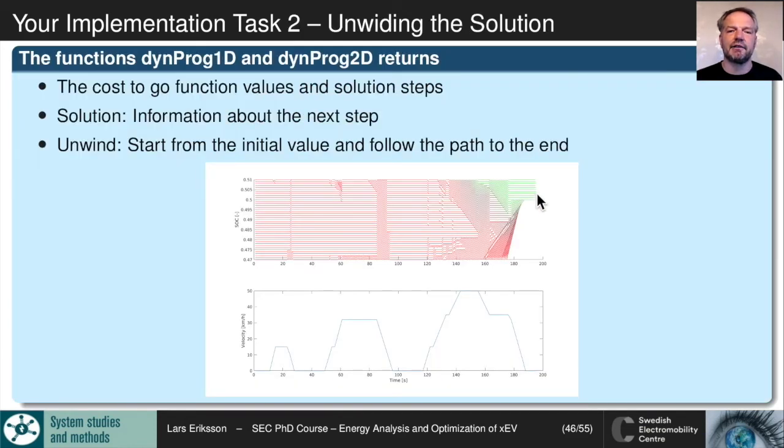Now when we have completed the calculations with the method of storing the cost to go and the optimal paths, we can go to the beginning, and then we can start to unwind the solution. So the goal was to start at 50% state of charge, and then we can go forward here.